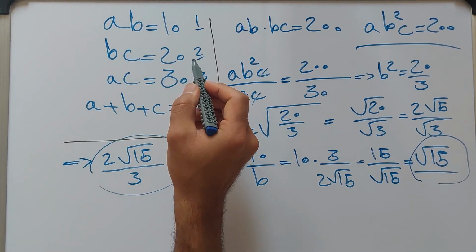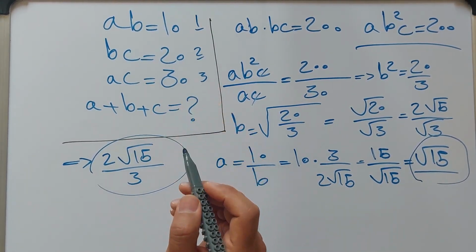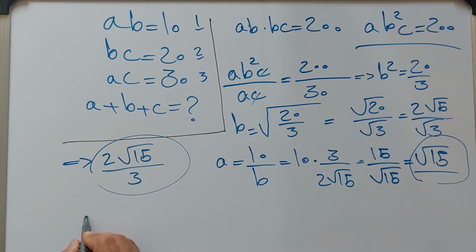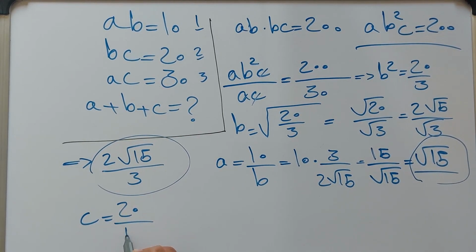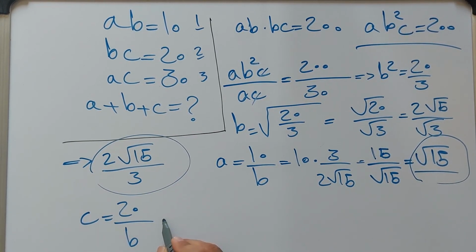From the second equation, BC equals 20, right? So in other words, C equals 20 over B. We have the value of B, let's just substitute it. Dividing by B is the same thing as multiplying by the inverse. So 20 times 3 over 2 square root of 15.